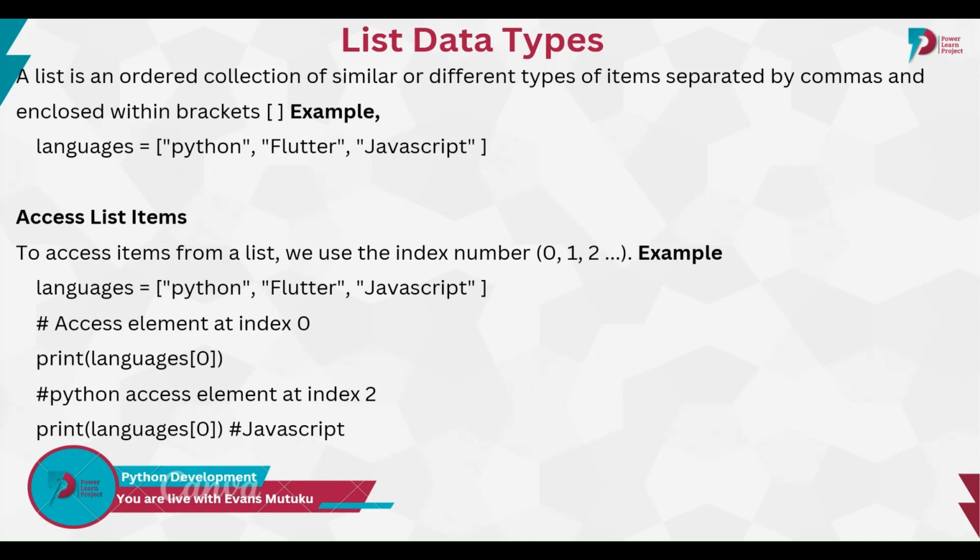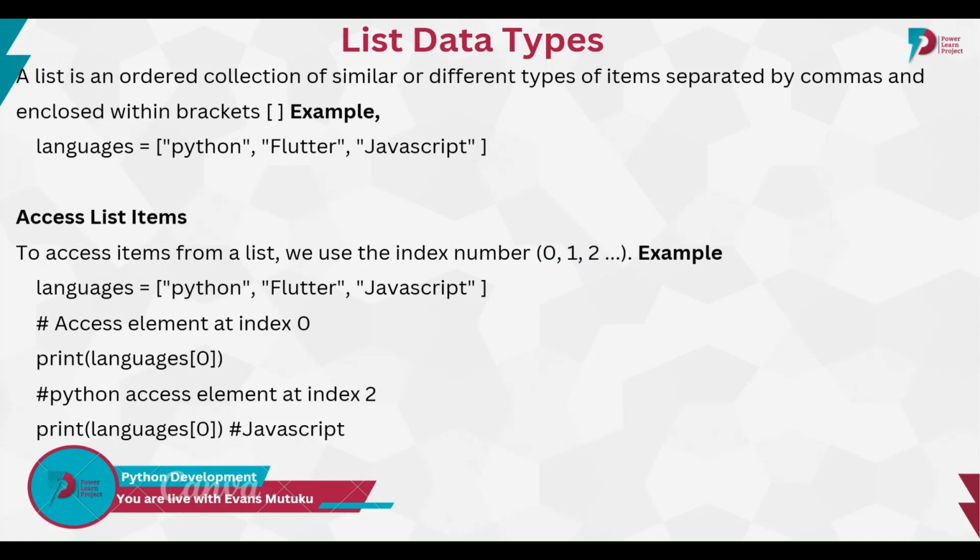So how can you access any item in this particular list? Very simple. Take, for example, we have languages as the variable, and then we assign these different types to it. How do we count in programming before we access our list? We use indexing, and we start from index 0, 1, 2, 3, 4, all the way to the last index.